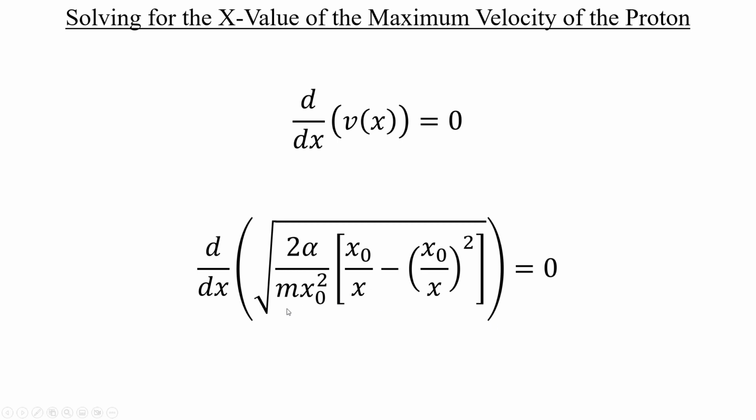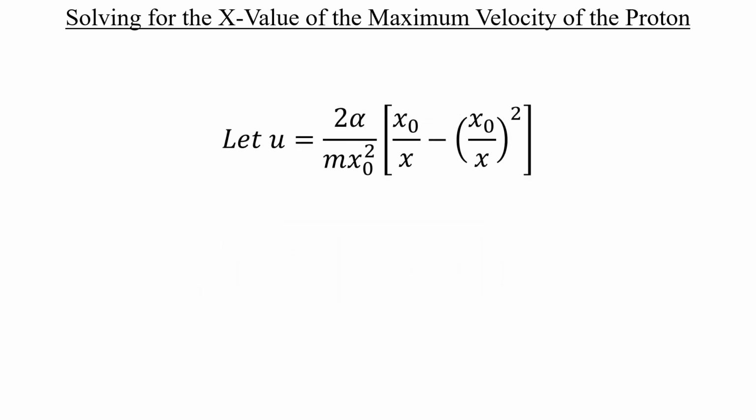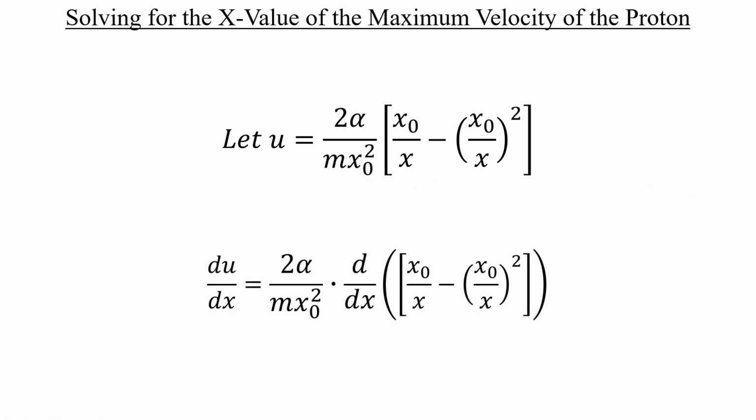Let's grab the innermost function, which is everything here underneath the square root, and we'll set that equal to a substitution variable, which I'm calling u. We need a derivative of u with respect to x, so let's factor out all these coefficients and apply the derivative to everything here within the square brackets.